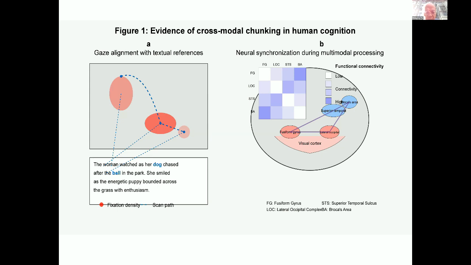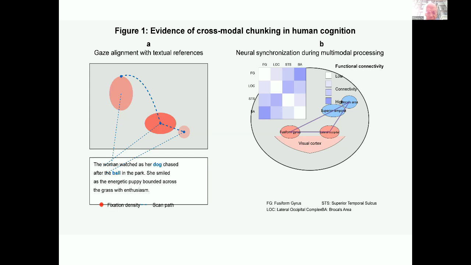The red oval areas represent fixation density, basically where people spend time looking at the image. The blue dotted lines show the scan path, how people's eyes moved from one point to another. Notice how these fixations directly align with the task shown at the bottom.